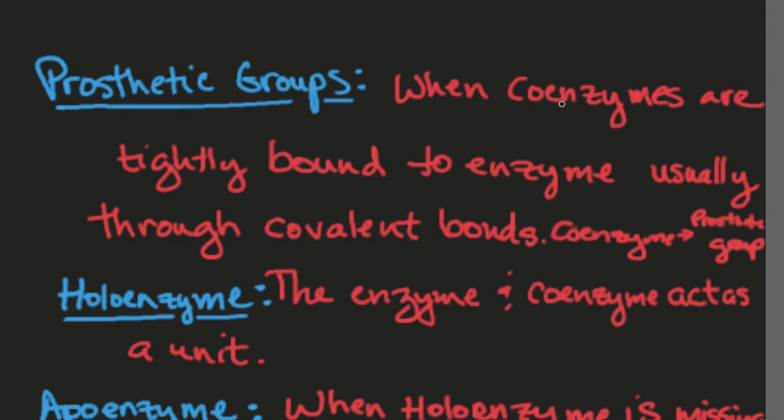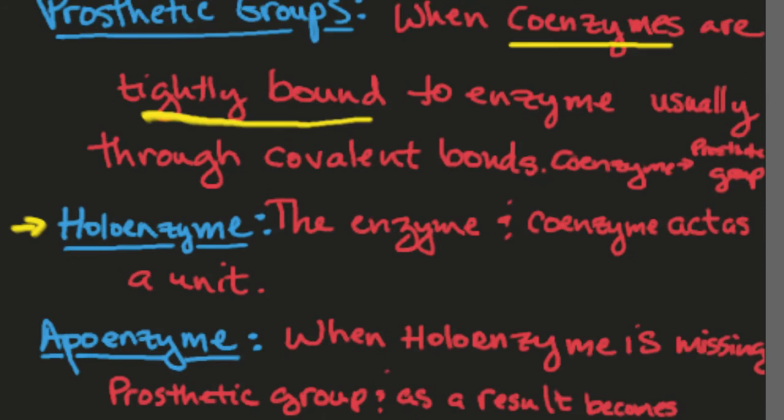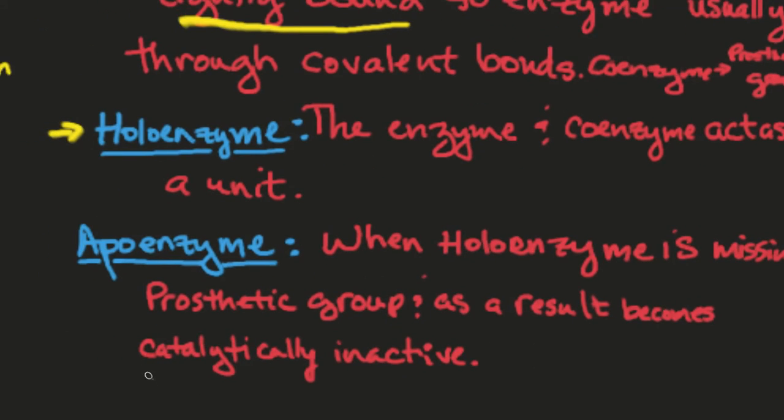A prosthetic group is basically whenever the coenzyme is really tightly bound to your enzyme, and they act as a unit basically. All right, and that unit is referred to as a holoenzyme. Whenever the holoenzyme is missing its prosthetic group, it's catalytically inactive. That means it's basically turned off, and it's referred to as an apoenzyme.